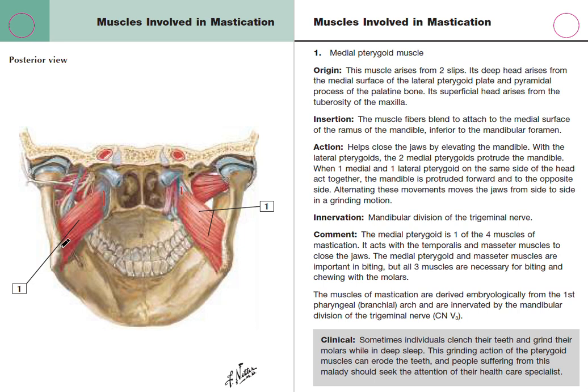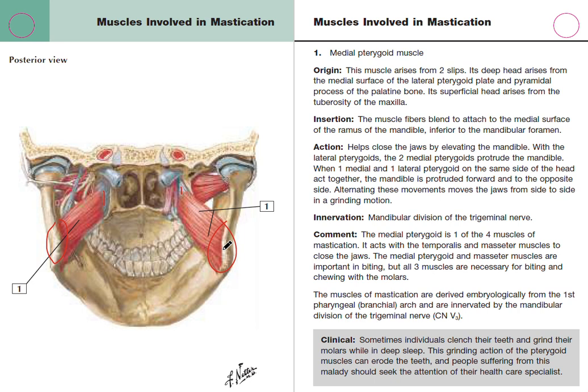The medial pterygoid inserts into the medial surface of the ramus of the mandible, inferior to the mandibular foramen. The medial pterygoid helps to close the jaws by elevating the mandible.